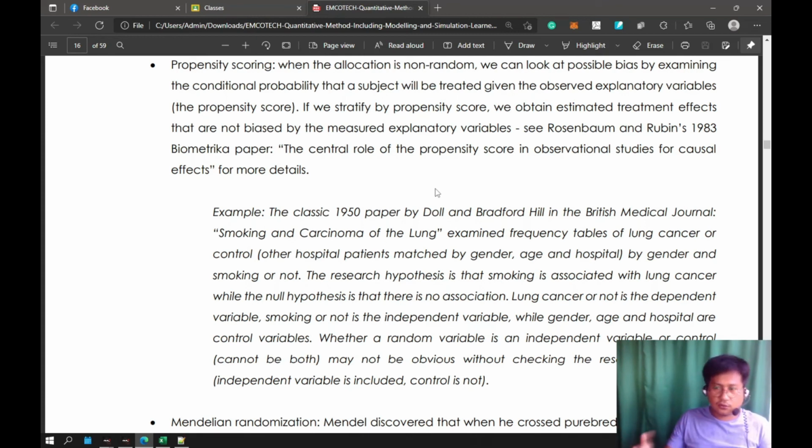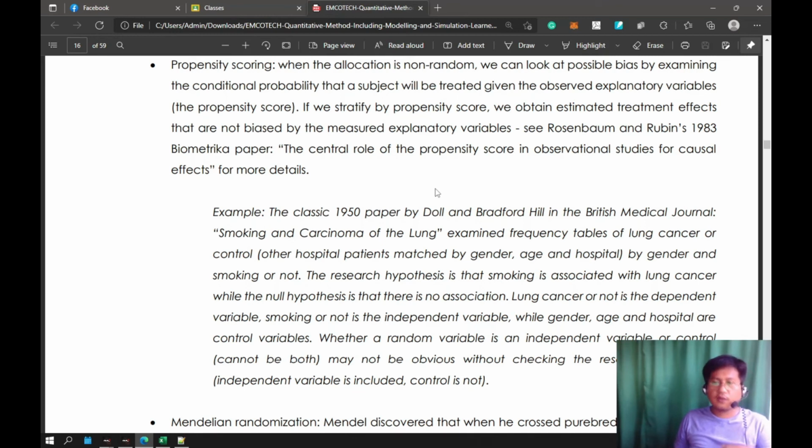As to age, what is the range of age at which a male or a female used to smoke? And the hospital is also a control variable, because we look into which hospital has many patients with lung cancer connected to smoking or not smoking.